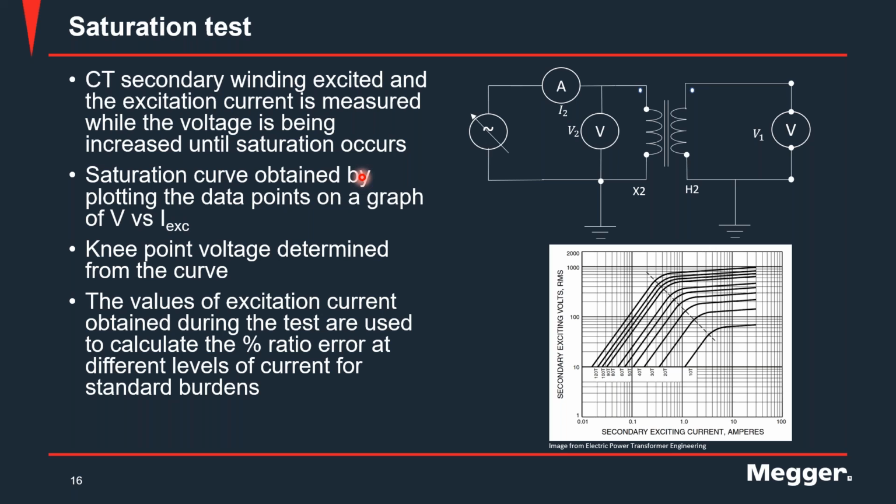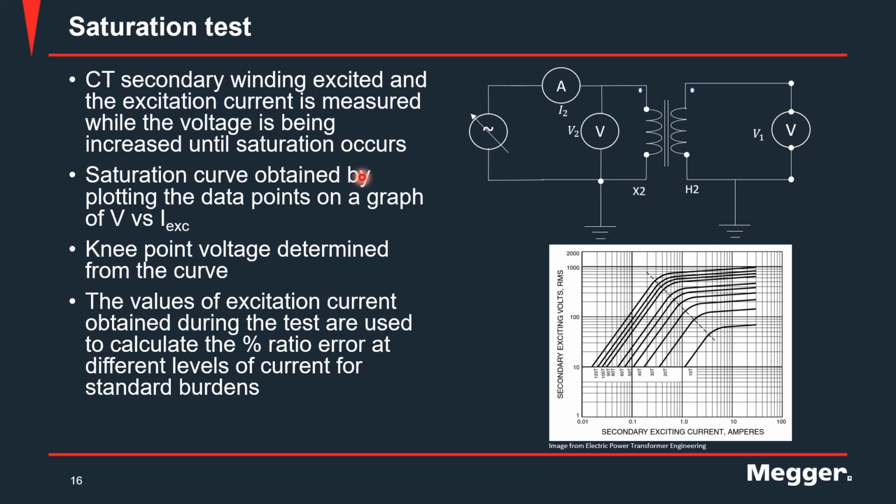And as voltage increases, the excitation current also increases, but at a certain point, the core starts to saturate. And when that happens, more and more of the energy starts getting utilized in the excitation of the core until the core is unable to keep up with the increasing voltage and the curve flattens out, which means that the core loses its inductive properties.